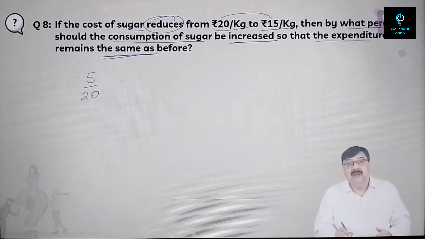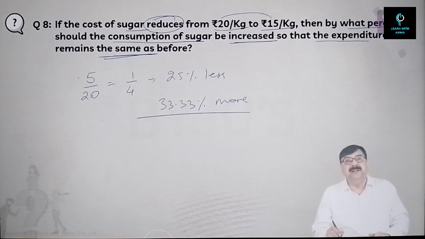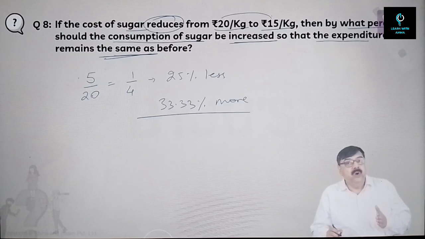Original price was 20. So this is 5 fours are 20. So it is 25% less. So hence we will increase the consumption by 33.33%. So 25% less means 33.33% more. 33.33% more means 25% less.